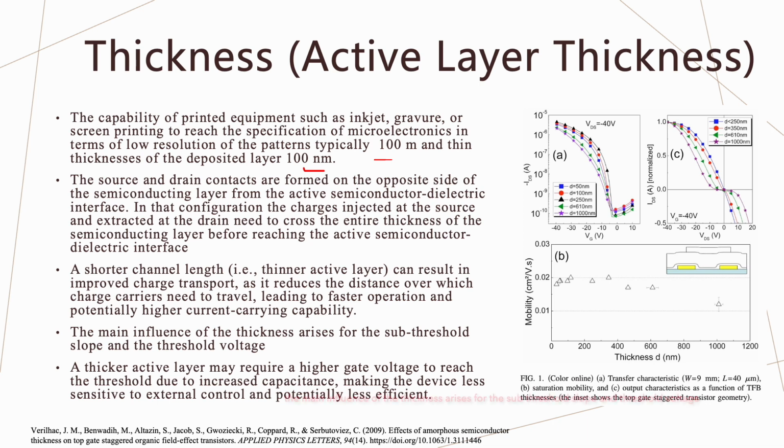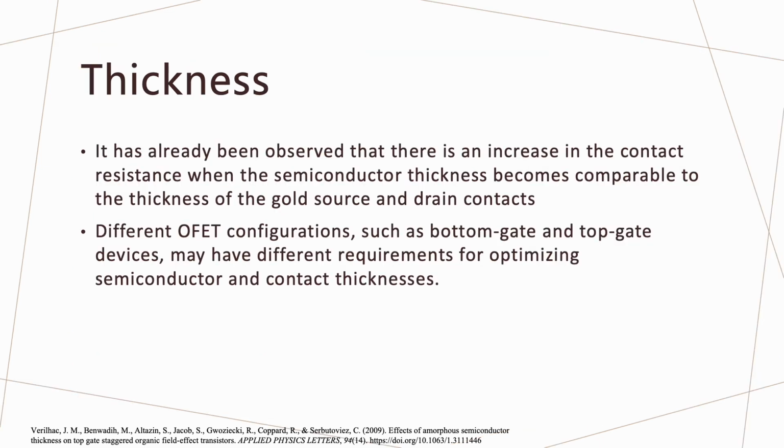The main influence of the thickness arises for the sub-threshold slope and the threshold voltage. A thick active layer may require a higher gate voltage to reach the threshold due to increased capacitance, making the device less sensitive to external control and potentially less efficient. We need to balance these two thicknesses.